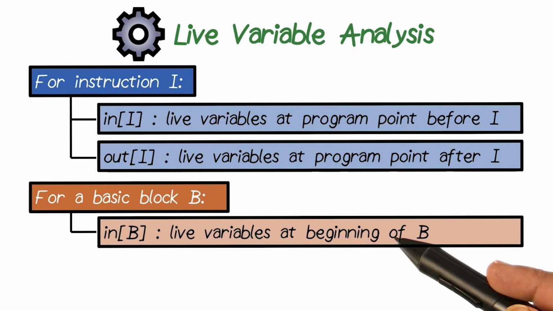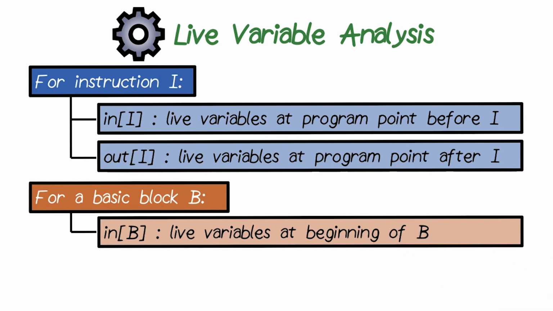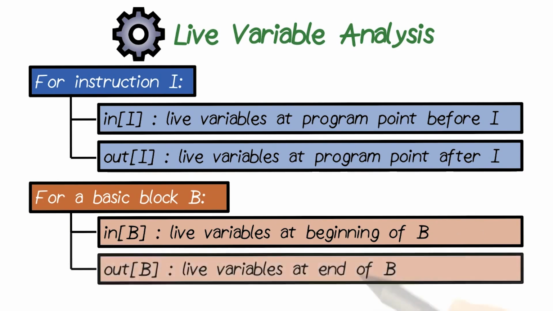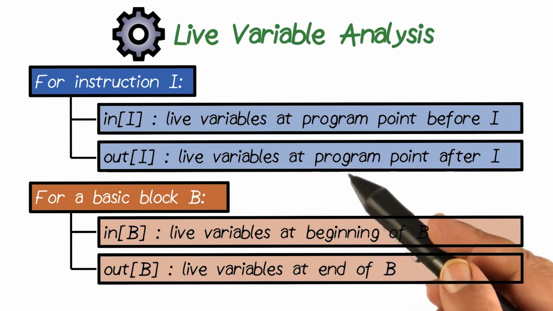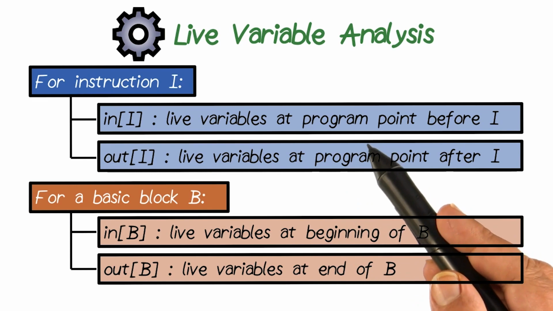We are going to define all the variables which are live at the beginning of the basic block B, called the in set of the basic block B. And then finally we are going to define all the variables which are live at the end of B, and we are going to collect these sets of variables and solve the equations which relate these sets to each other and find out which variables are live where.